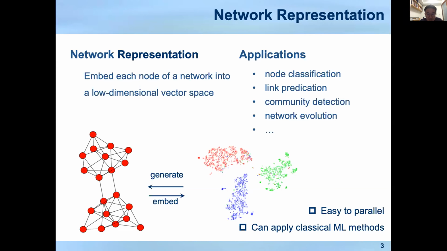The node embedding can be easily used in downstream applications, such as node classification and link prediction. And network embedding is easy to parallelize, and we can apply classical machine learning methods to the node embeddings.